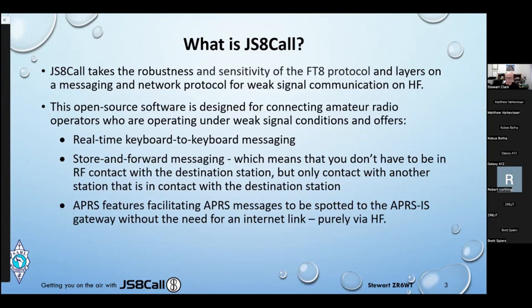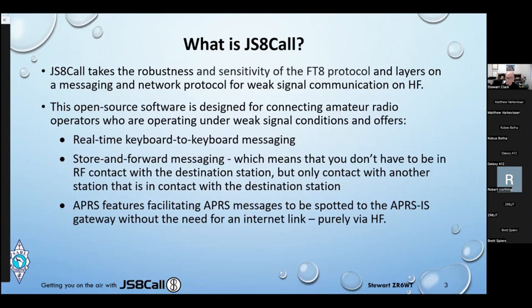And then finally, APRS features. Now, this is an even more interesting one, because you can actually send an email, SMS, although the SMS feature doesn't work in South Africa, and the usual APRS GPS location messages via HF to someone who is connected to the internet, and then they will relay it to the actual APRS network.